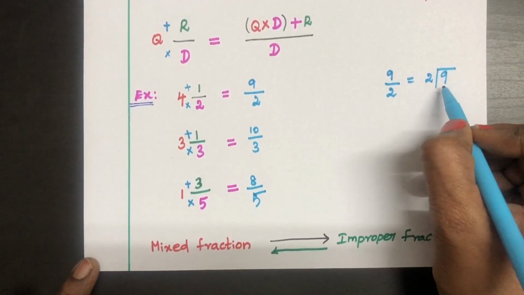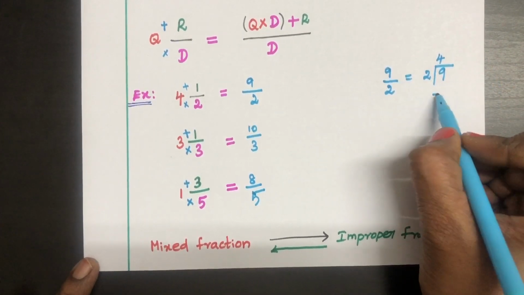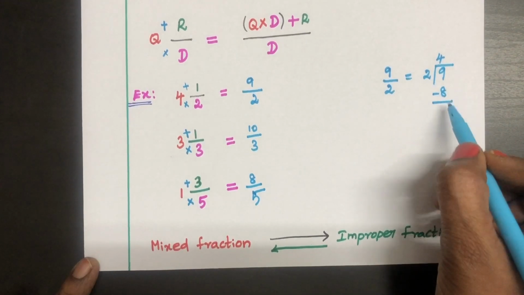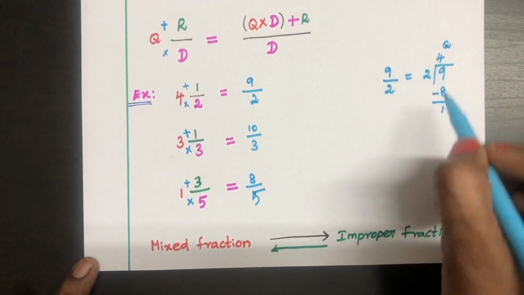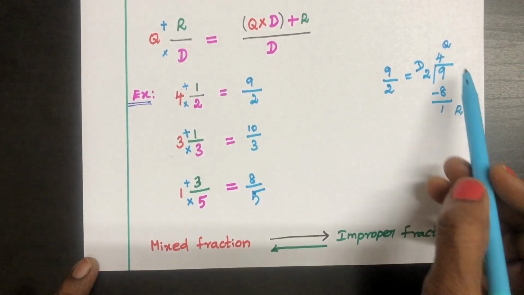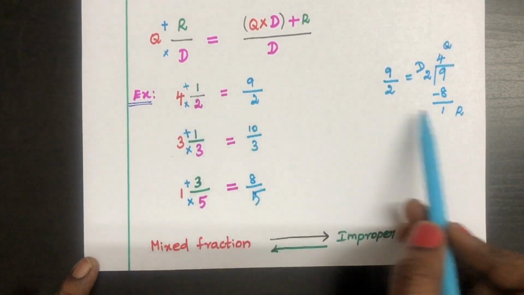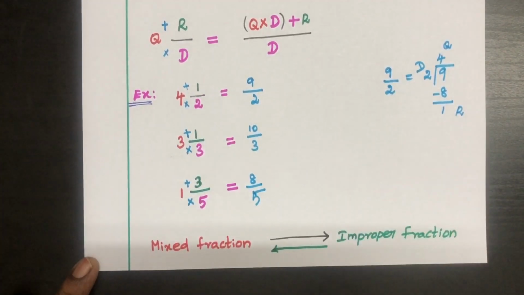How many 2's in 9? 4 times. 4 2's are 8, so 9 minus 8 is 1. So this is our Q, this is our remainder R, and this is our divisor. Q is 4, R is 1, and divisor is 2. So 4 1 by 2. In both cases we can do vice versa: mixed fraction into improper, improper into mixed.